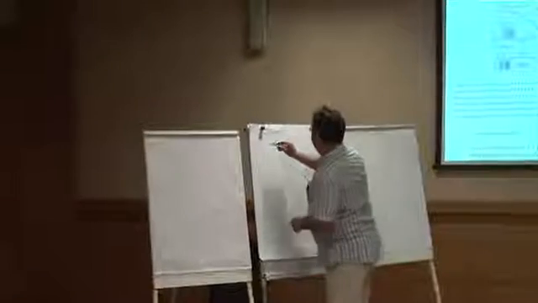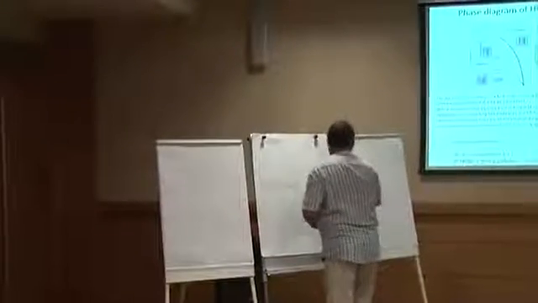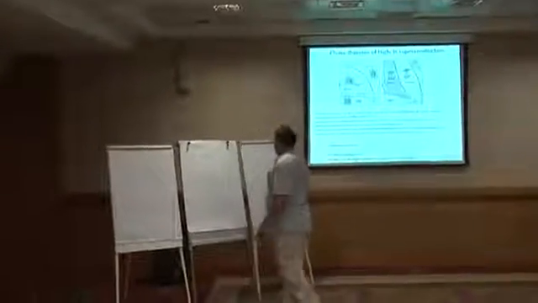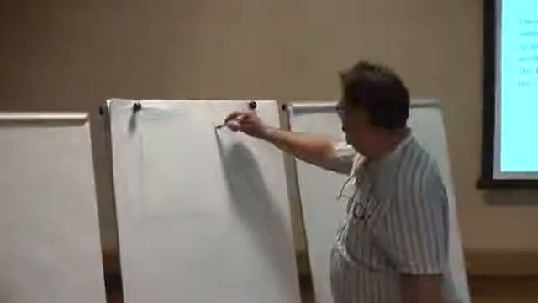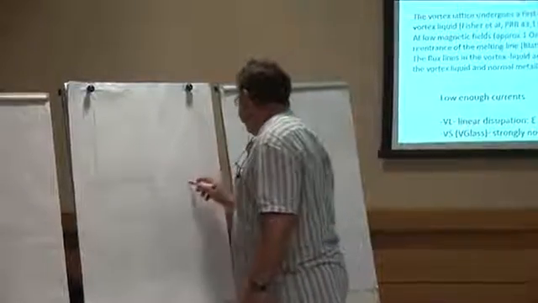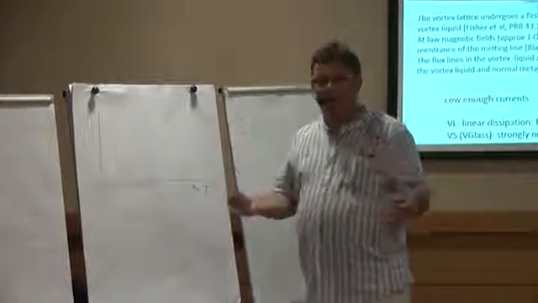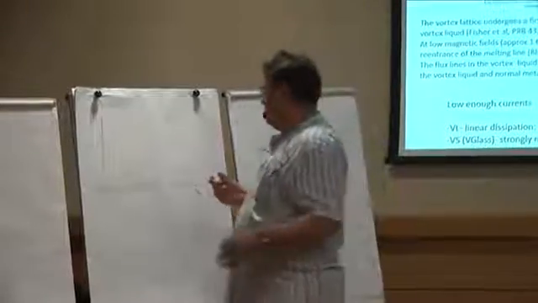So here, if you have temperature, and here you have the magnetic field, Hc2 is something which is not very relevant for high Tc superconductors because of the high temperature. High temperature meaning we have large thermal fluctuations.